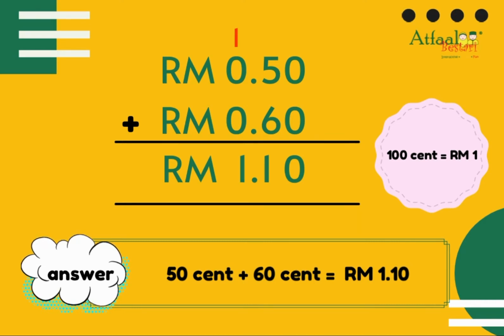Then 5 plus 6 equal 11. Write down number 1 below number 6, then another one on top of 0. Then count 1 plus 0 equal 1. So the answer is 1 ringgit and 10 cent.